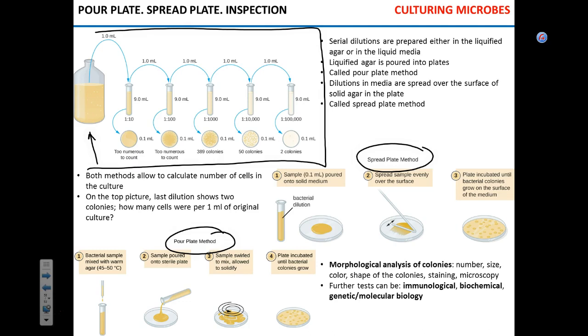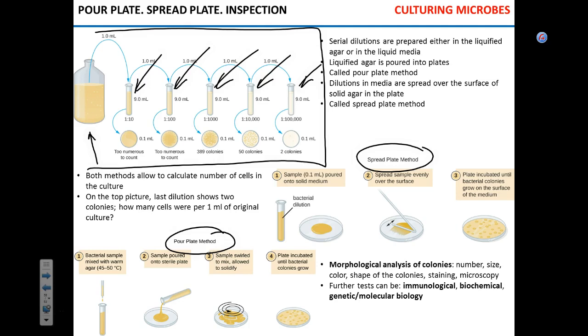Now, each tube contains, now listen closely, just the medium. There's no microbe in there yet. Does that make sense? And each tube contains 9 milliliters of medium. I use 9 milliliters as an example.